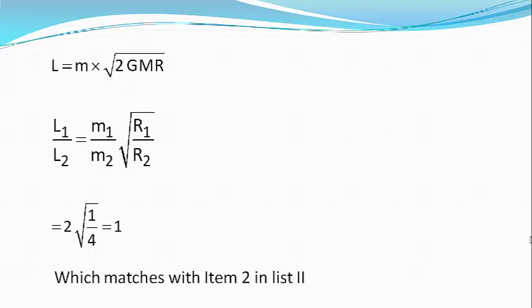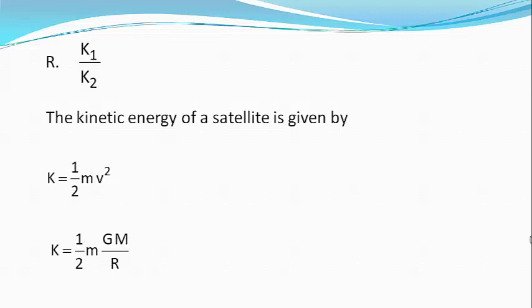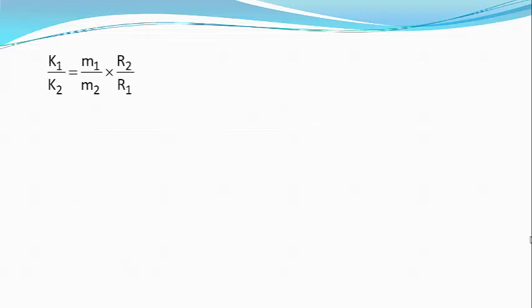Now let us go to item R, that is K1 by K2. The kinetic energy of a satellite moving with a velocity v is given by K equals half m v square, or equals half m into capital G into capital M divided by R, or K1 by K2 equals M1 by M2 into R2 divided by R1.